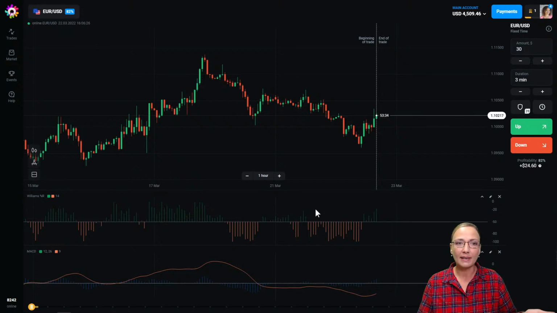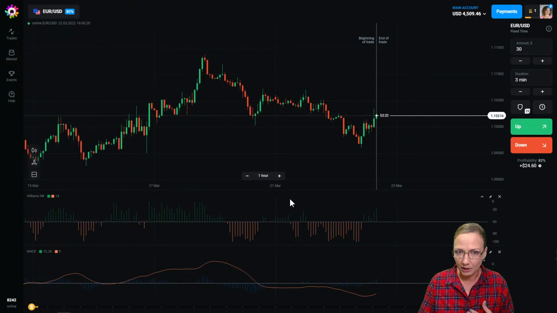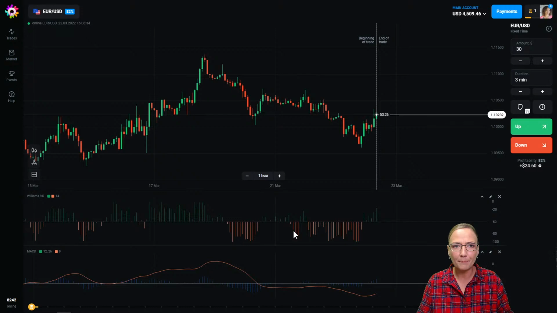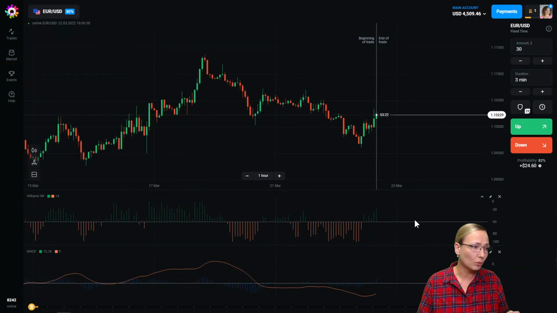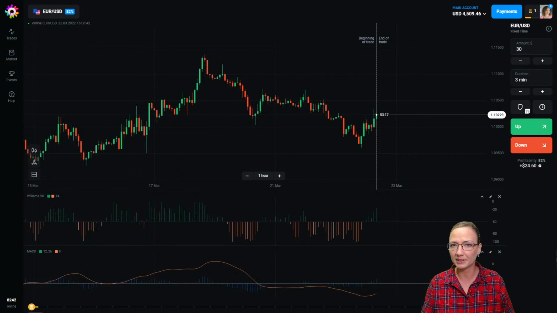As you can see right now, we have 2 oscillators displayed below the price chart, and they are displayed as histograms. A histogram displays bars above and below the midline. On the Williams percentage R, the midline is minus 50. I'm not sure if you can see it behind me right now. Yes, you can see it. And on the MACD, the midline is 0.